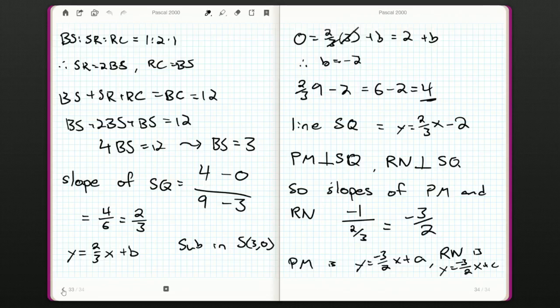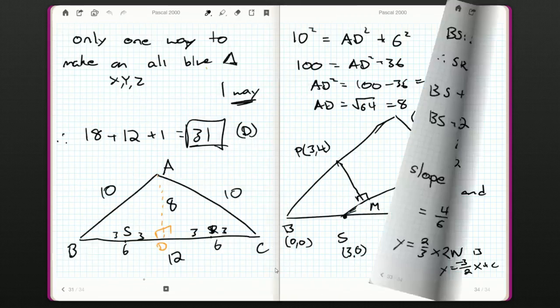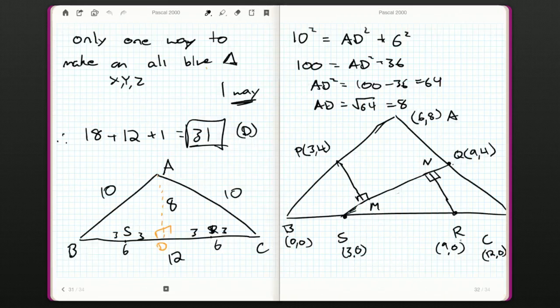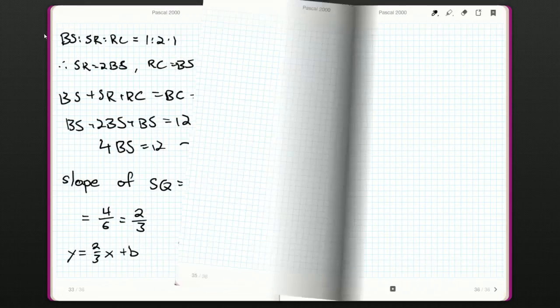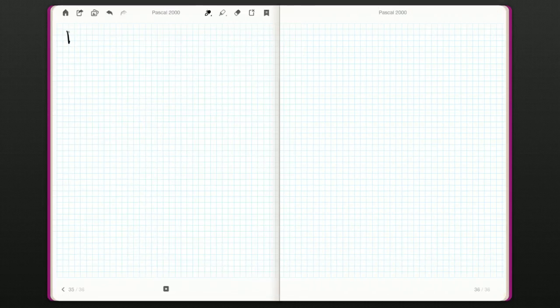So we have two equations, and they're just missing their y-intercepts, and they'll be the equations for PM and RN. If only we knew a point on each of these lines. If only we had coordinates of P and R. But we do. So we can use these coordinates. We'll find A by subbing in the coordinates of P, which are 3, 4.